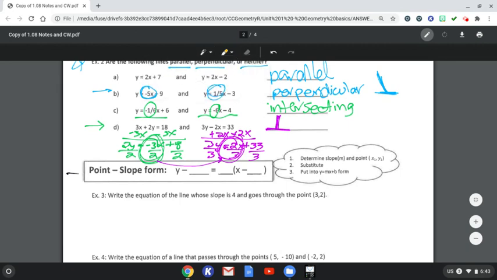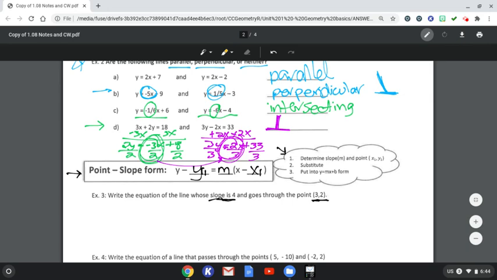Point slope form reads y minus y1 equals m times x minus x1. That's the formula. And what we are going to be given for these equations is like example 3 here. They give you a slope and they give you an ordered pair.